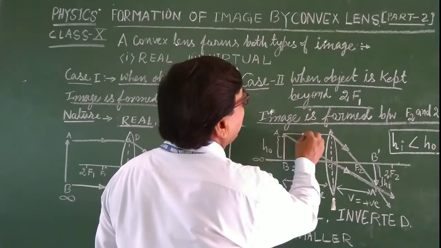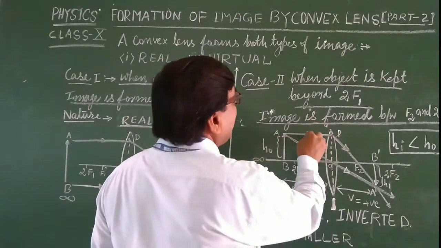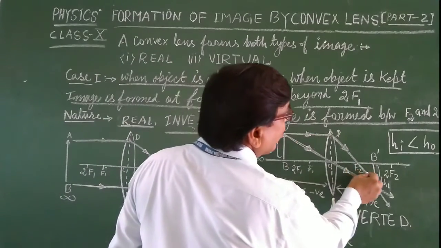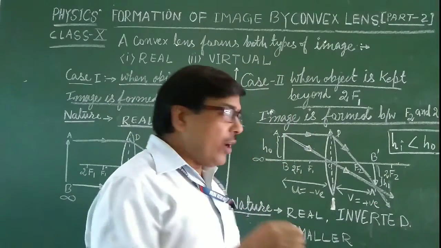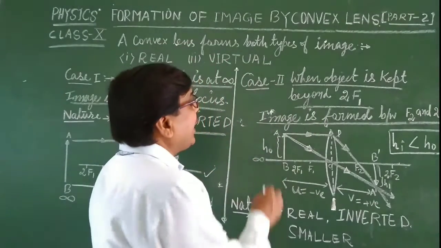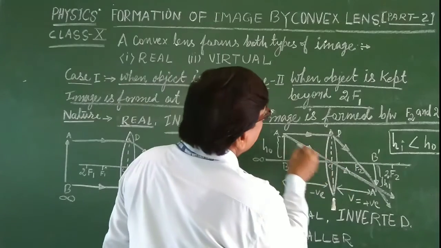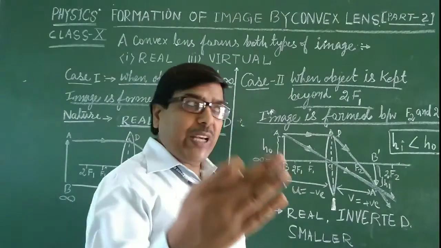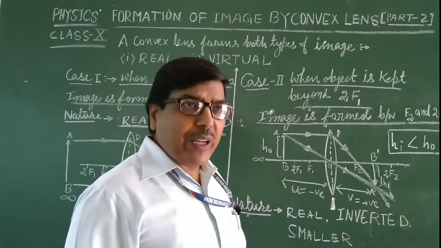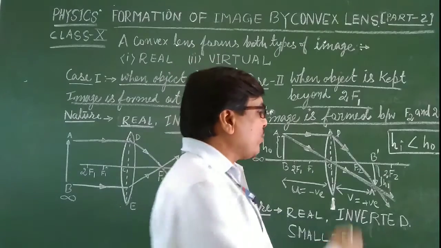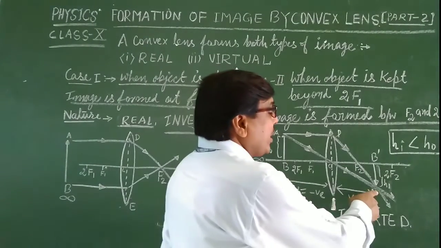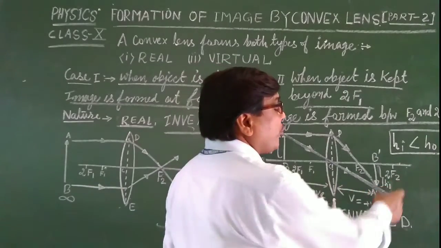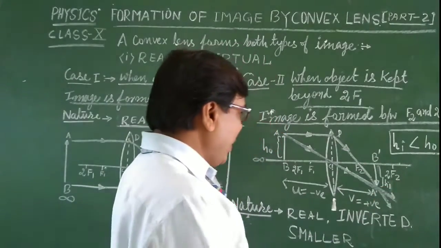One incident ray parallel to the principal axis, after the refraction passes through the focus. Rule number 1 is applied here also. The next incident ray passes through the optical center. It moves straight without any deviation, and after refraction both refracted rays intersect here, and at that point between F2 and 2F2 the image is formed.